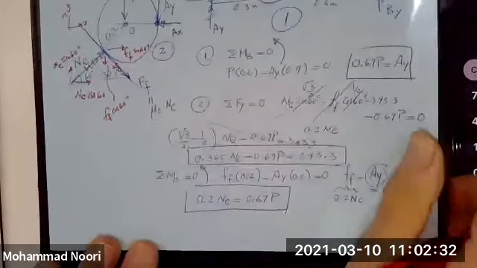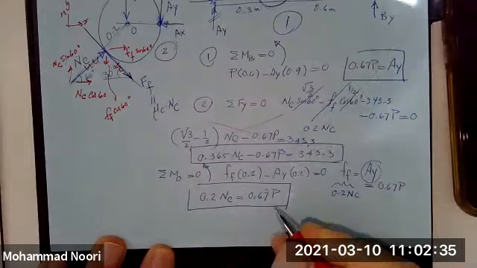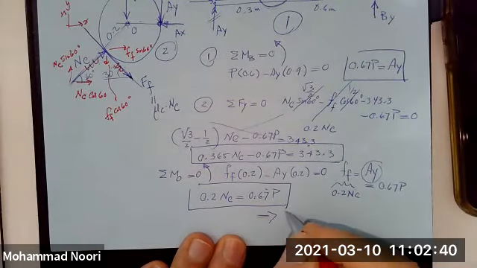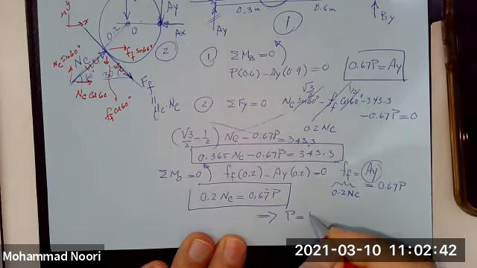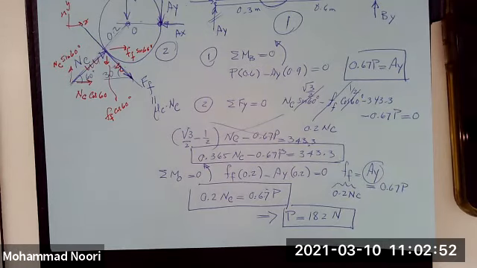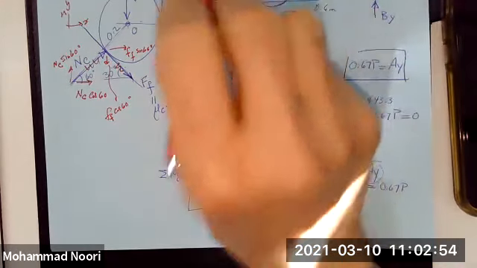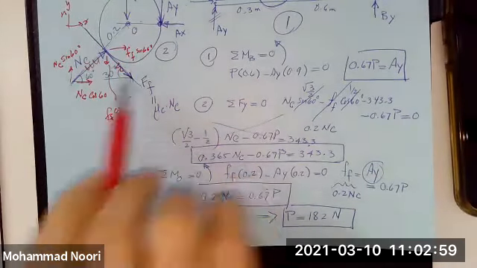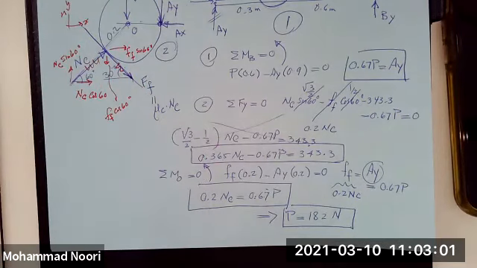I don't care about N sub C. I solve for P, and that will give me P of 182 Newton. So the maximum force you can apply to this beam in such a way that this disc doesn't slip down this hill is 182 Newton. Okay. Any questions?